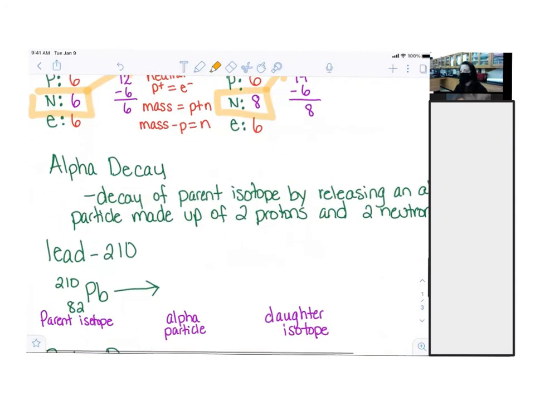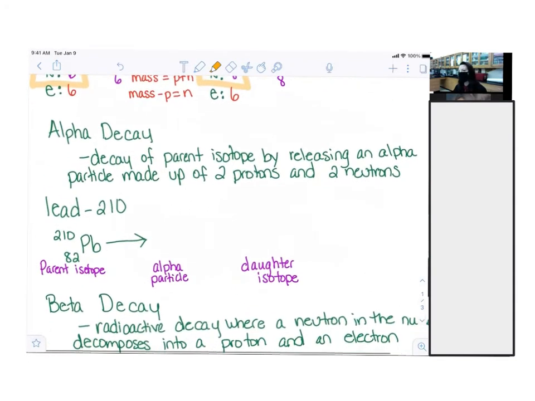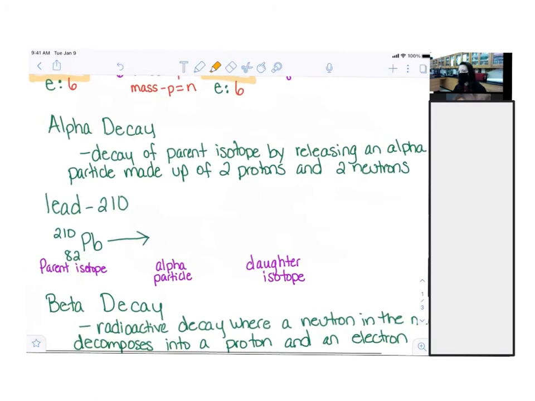So the first thing I have here is a definition of alpha decay. Alpha decay is when we have the decay of a parent isotope, so notice I'm using vocabulary, releasing an alpha particle. And then I say what an alpha particle is.